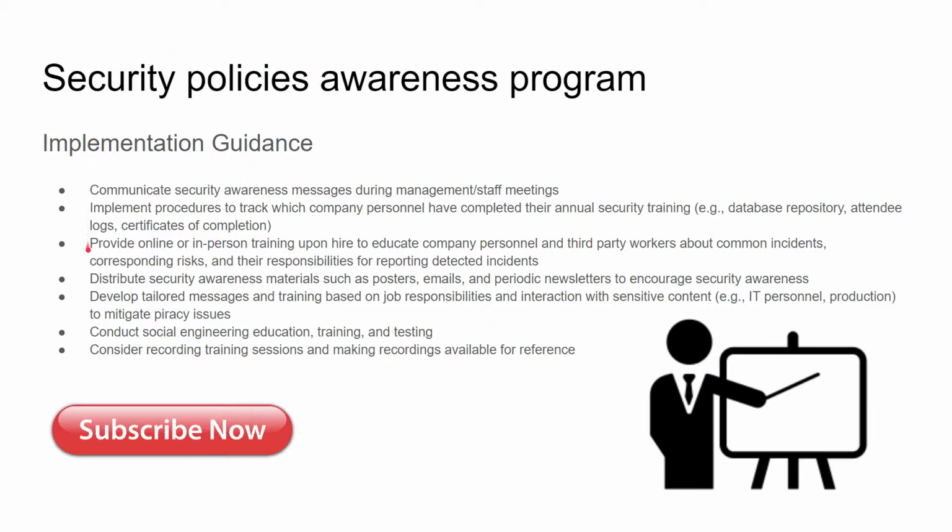Then you can provide online or in-person training upon hire to educate company personnel or third-party workers about common incidents, corresponding risks, and their responsibilities for reporting detected incidents. So when a new person joins, you can explain in person the things related to all our security policies. You can also explain some incidents that have happened previously.